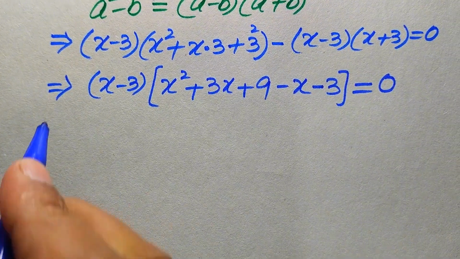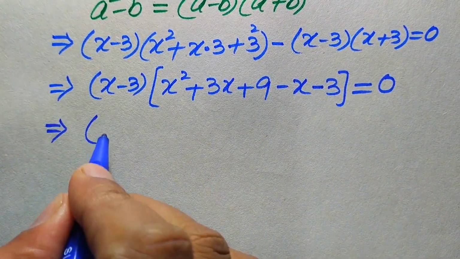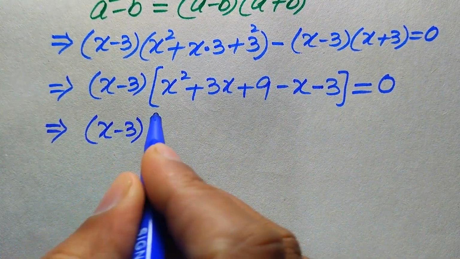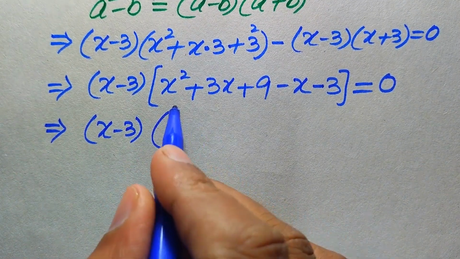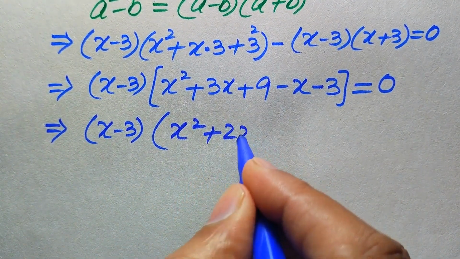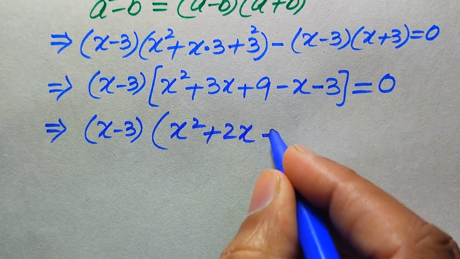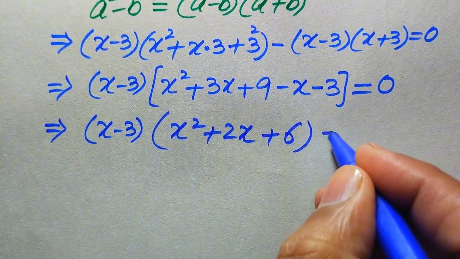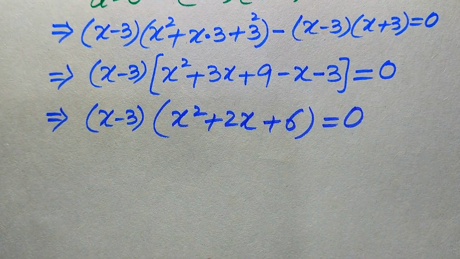The first case is we have x minus 3 times x squared, and 3x minus x becomes 2x, and 9 minus 3 becomes 6, and this whole equation is equal to 0.